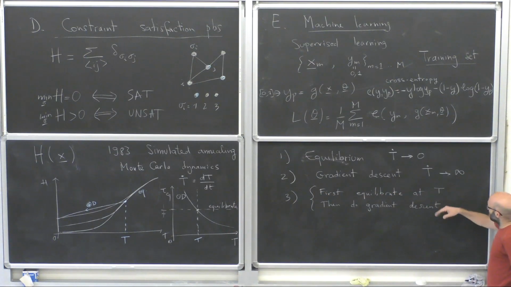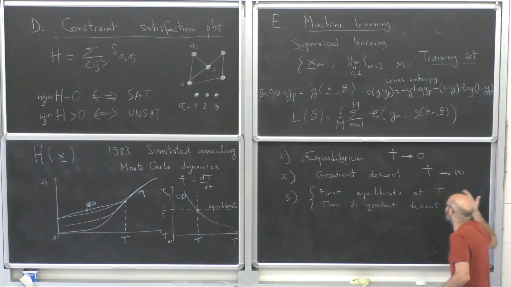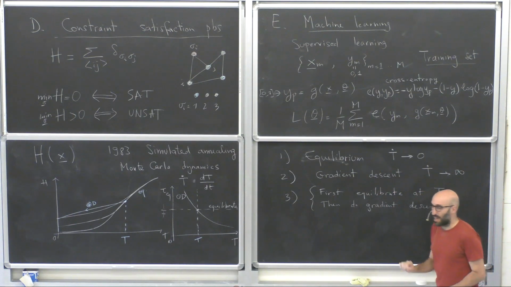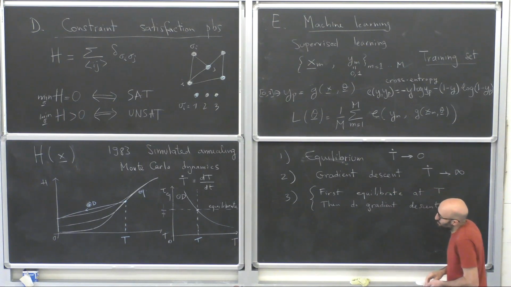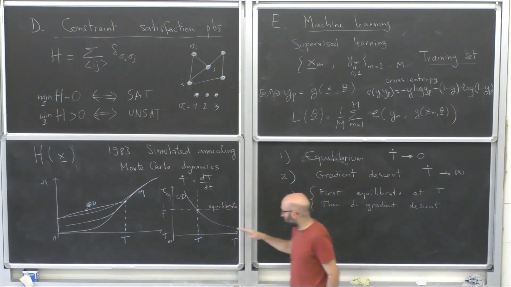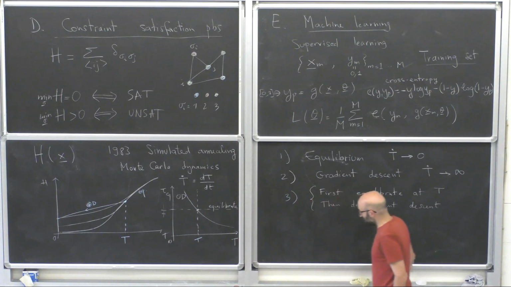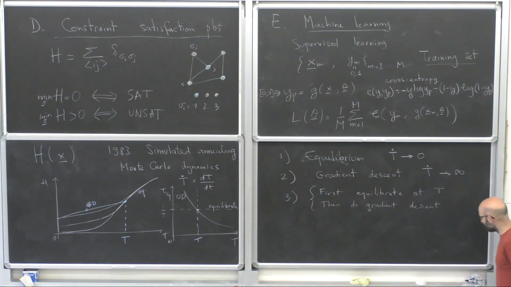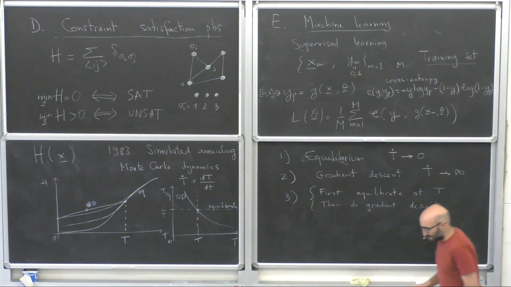So this scheme is a way to more or less rationalize what you get in simulated annealing. Then you can always try to do better by taking into account that you are doing it at a finite speed and so on. Okay?